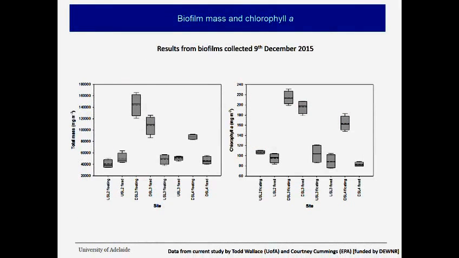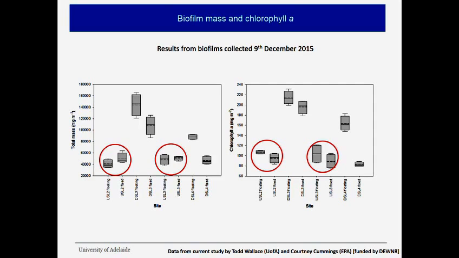These two slides show some of the indicators that we use. The plot on the left is total mass, and the plot on the right is chlorophyll A. I've put these red lines around here to make it easier to see the pairings of data. What you can see is that upstream of Lock 2, where the weir pool manipulation occurred, there is a small difference between the mean mass of the fixed frames and the floating frames.